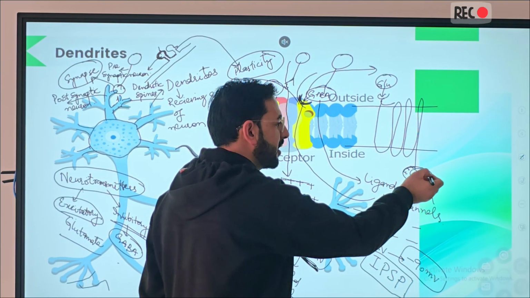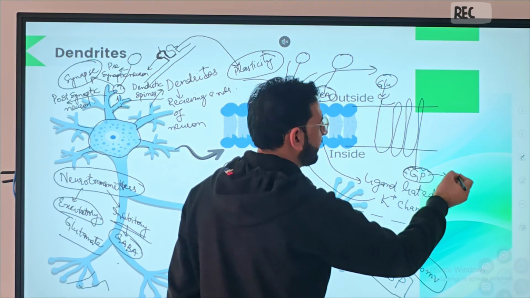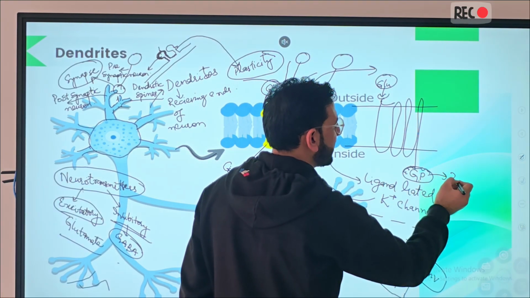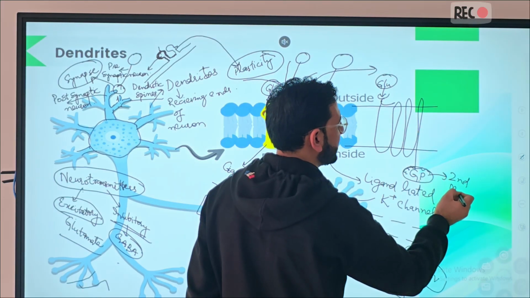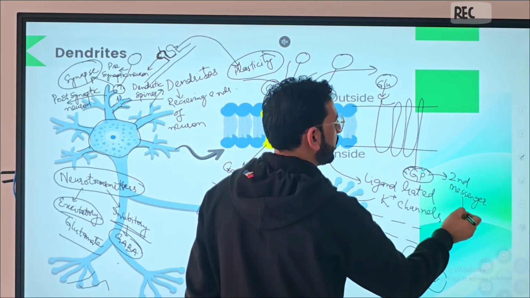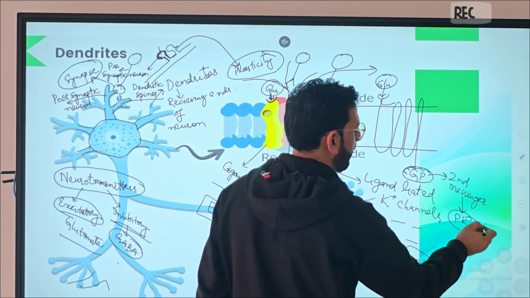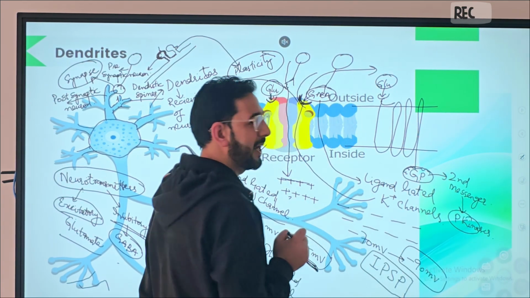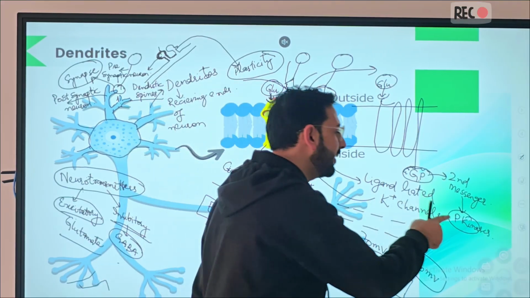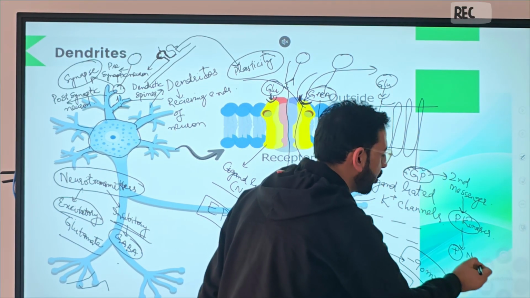Now the G protein, after certain steps, will activate the second messenger system, and the second messenger will activate different protein kinases, for example protein kinase A. This protein kinase will phosphorylate or stimulate the sodium channels.